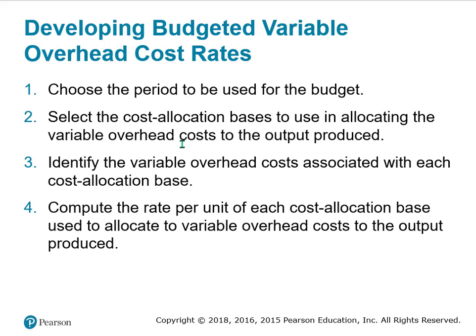Choose the period, select the cost allocation basis to be used, identify the variable overhead costs associated with each cost allocation base, and then compute the rate per unit of each cost allocation base used to allocate variable overhead costs to the output produced.